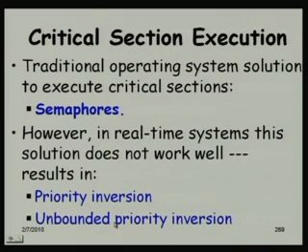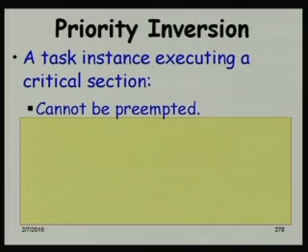Let us understand this problem, because it is a very fundamental, very basic thing. Even if you tell somebody that you have done a course on real time systems, they are likely to ask what you mean by priority inversion and unbounded priority inversion, possibly the first question. So, it is a very fundamental question.